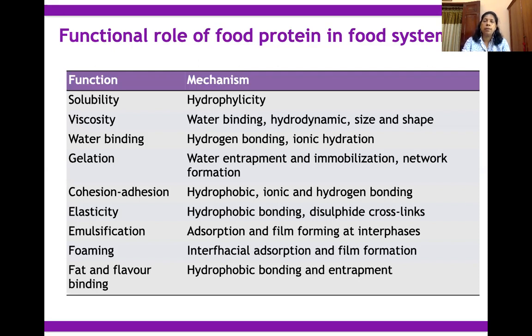So now you can understand by listing the functions, the functions are coming because of the mechanisms. We call it a function when thinking about the product, but we talk about the mechanism because of the different abilities the protein molecule has.